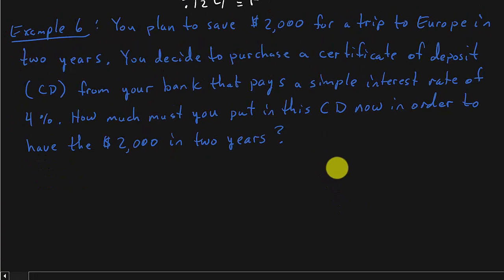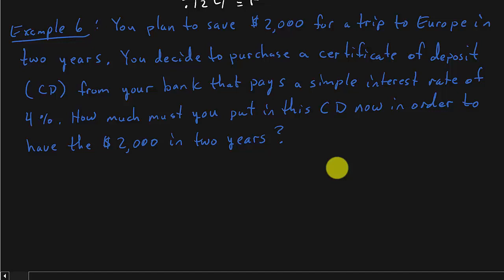All right. So it says you plan to save $2,000, okay, for a trip to Europe in 2 years. You decide to purchase a certificate of deposit, a CD, from your bank that pays a simple interest rate of 4%. How much must you put in this CD now in order to have the $2,000 in 2 years?